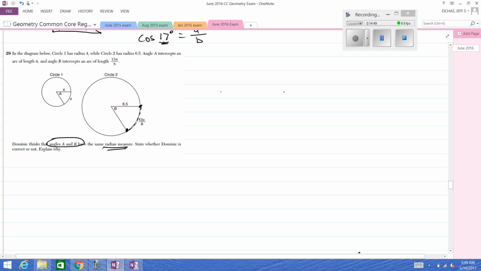So what we're going to do is see if these arc angles are the same, and then, if they are, we have the same radian measure for the central angles. All right, so relative to their respective circles. So let's check this out.